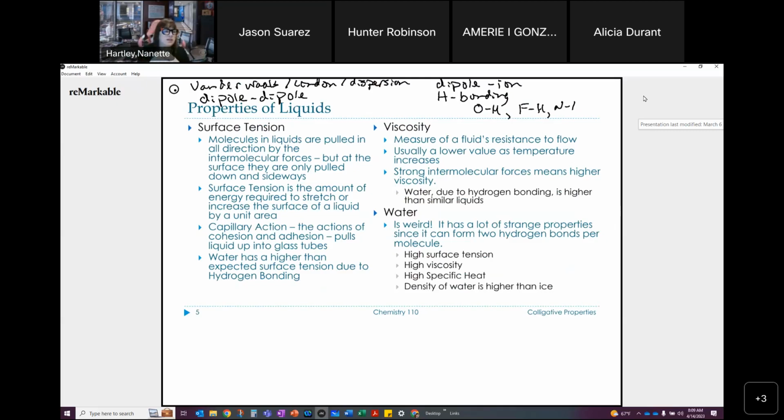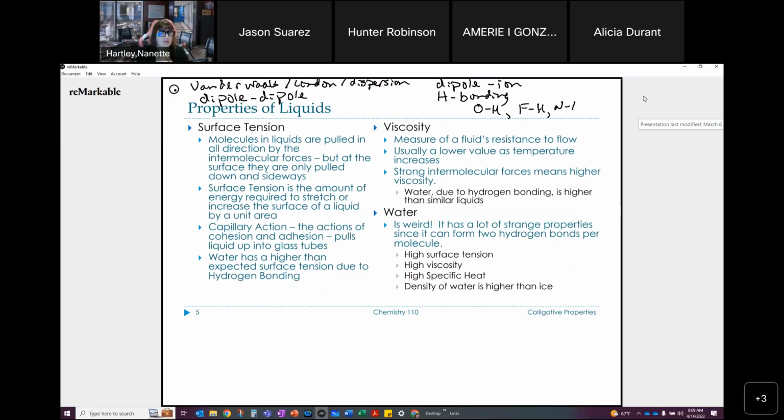That means that we end up with tension at the top of that liquid. The tension is a measure of how strong those interactions are. So the stronger those interactions are, the more energy we're going to need to break that tension. So it's a measure of the energy required to stretch or increase the surface area of a liquid by a unit area.